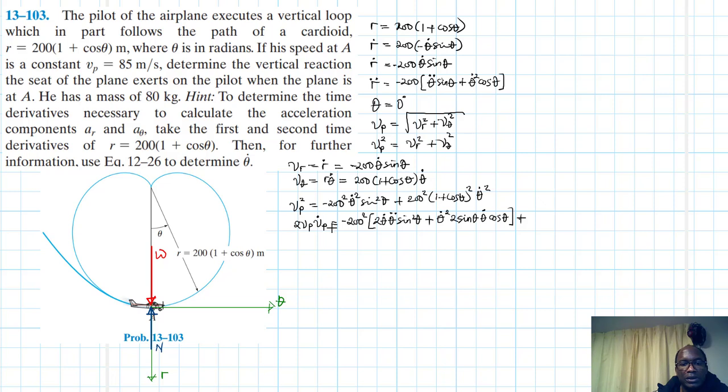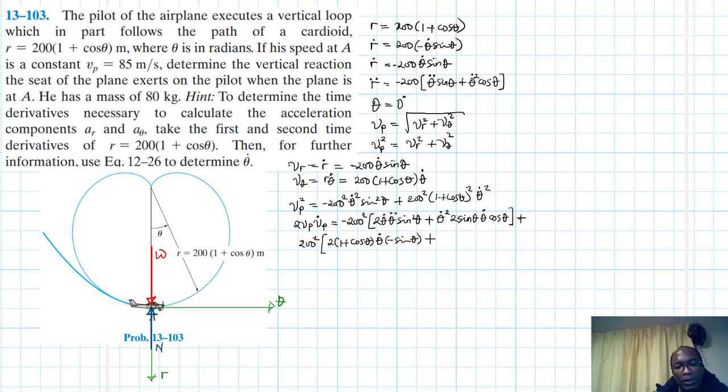Then plus, we've worked on this. We go to the 200, so we can factor out 200 like so. Again, we have two functions there, so I'll say 2 times 1 plus cos theta. We are using the product rule also there, and then theta dot, then minus sine theta.